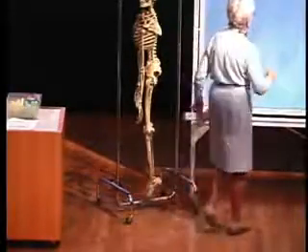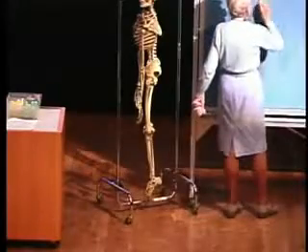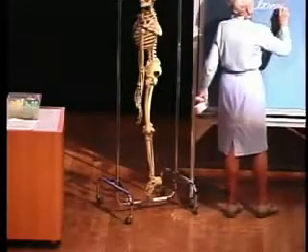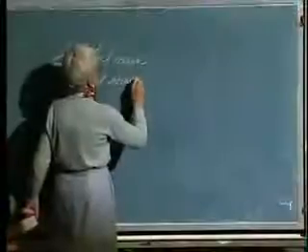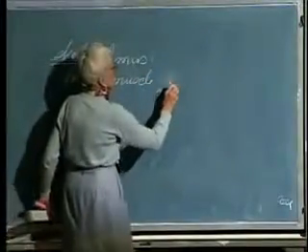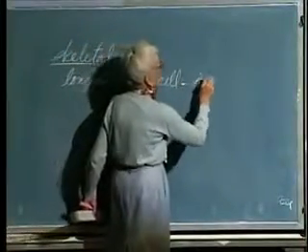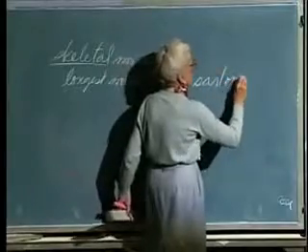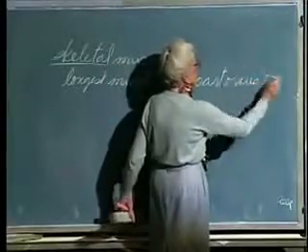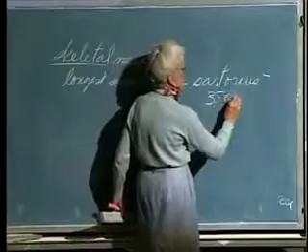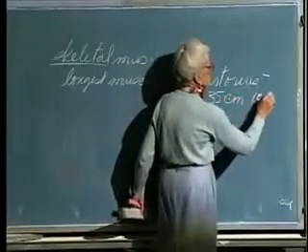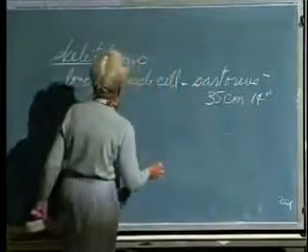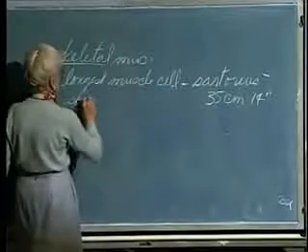The longest muscle cells are the sartorius. How long did we say it was? About 35 centimeters, 14 inches.